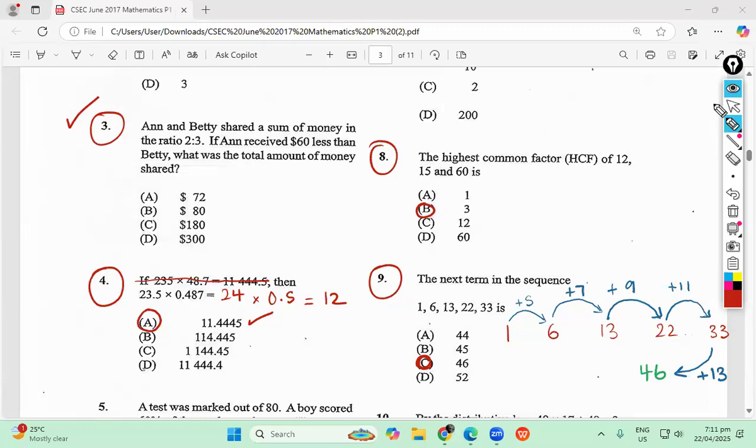So let's take the vote for question 3. Some people said they had no problems with it. I don't believe them. All right. So here, let's launch the vote for number 3. Okay, guys, vote. What do you think the answer for number 3 was supposed to be? And we'll see how close the class was, how much of the class was on the right track to getting it correct.